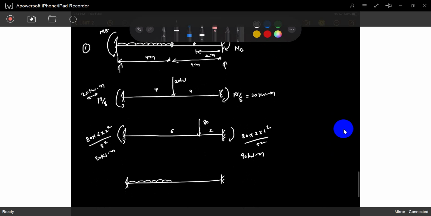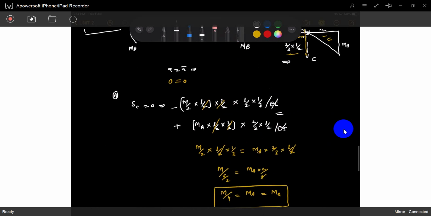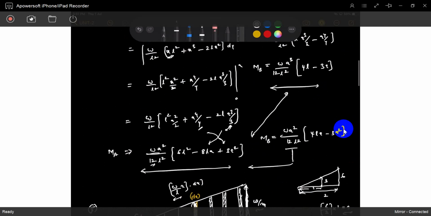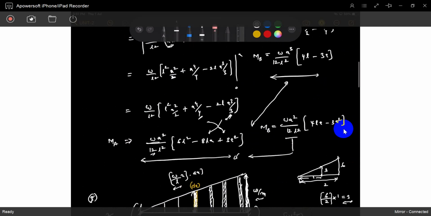Next influence. How much force is exerted? So we just calculated. What is the formula? This is the formula. MA is what? Remember.